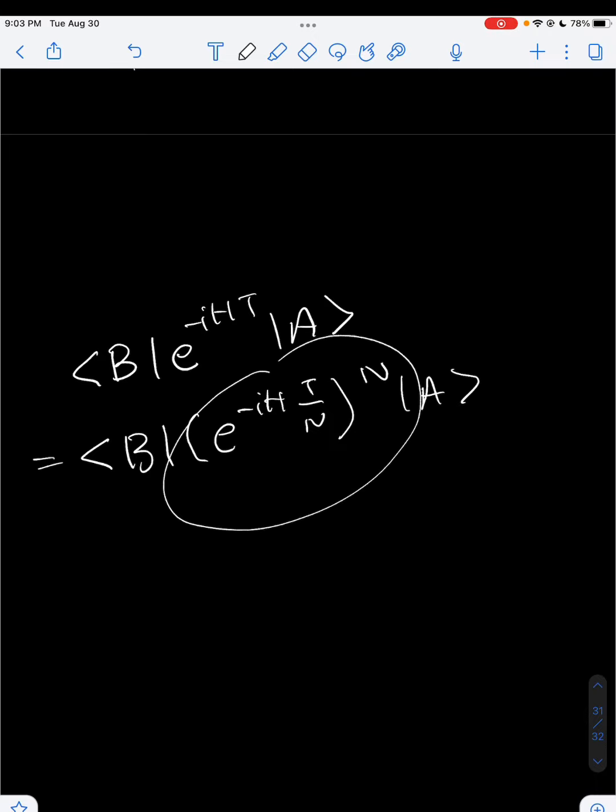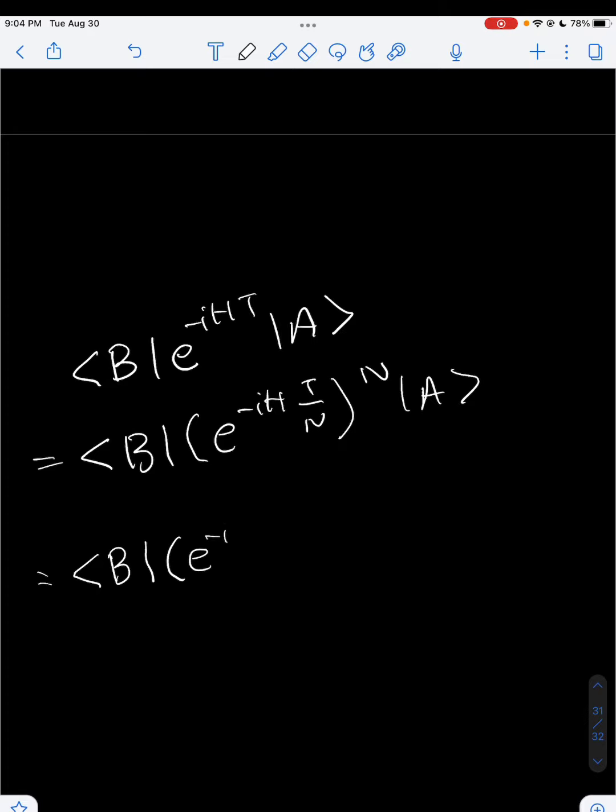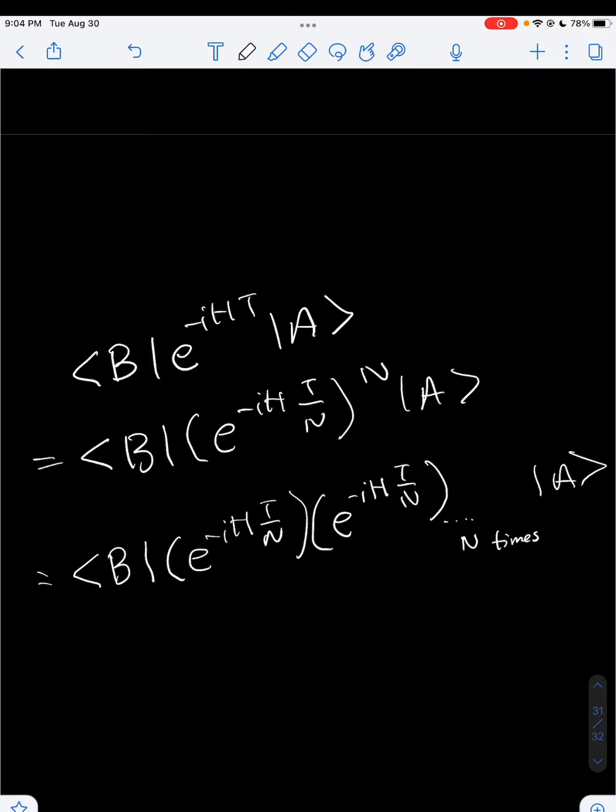And this just means that we're taking the inner product of B with e to the minus iHt over n, times e to the minus iHt over n, n times, and then times A. Right?